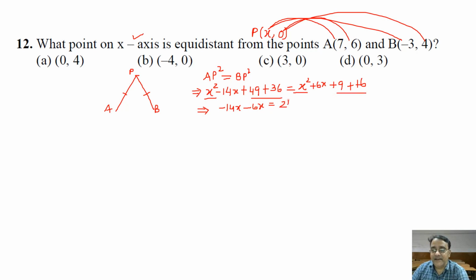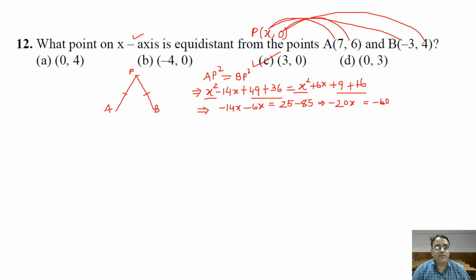So 25 minus 85, is this understood? Minus 60. Yes. So we get minus 20x is equal to minus 60. Right. So which option is the correct one? What value of x is coming here? 3. So the answer is 3, right? So which option is the correct one? Option C. Option C. Right.